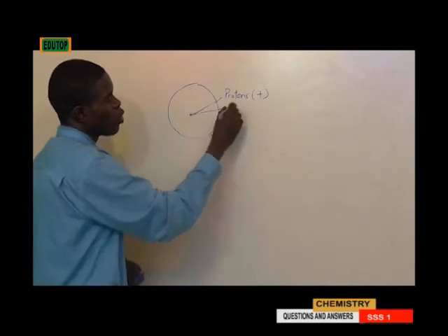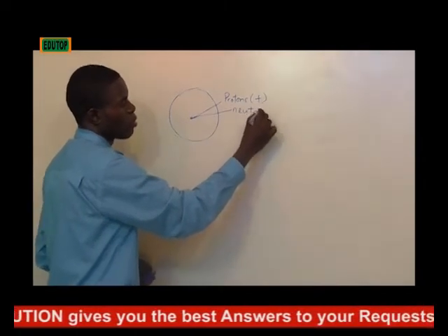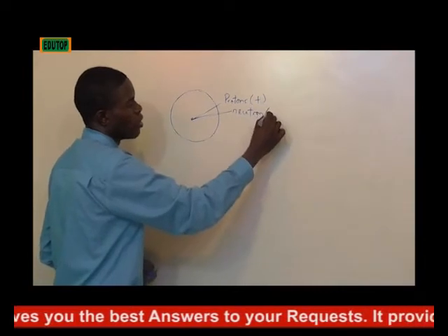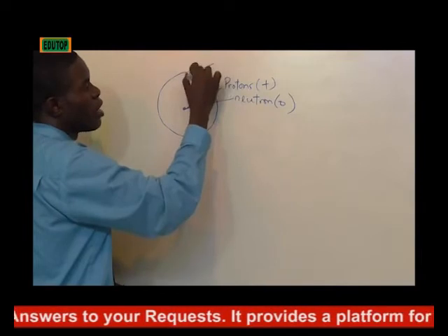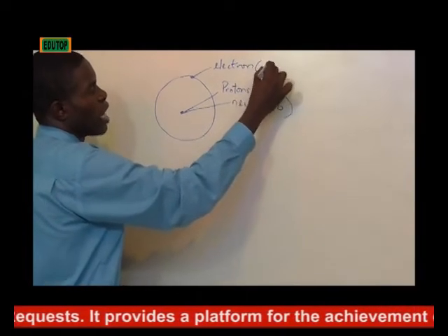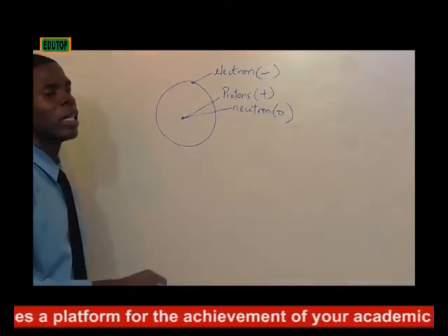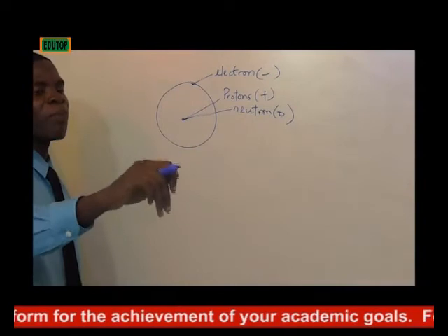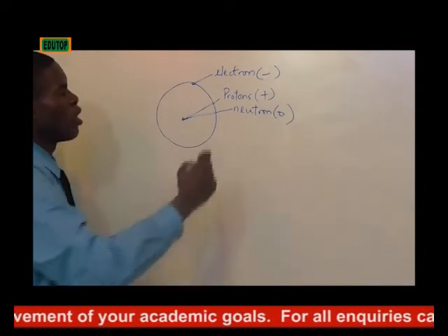Inside the same nucleus, you also have neutrons, which have zero charge. And outside, you have the electrons, which are negatively charged. Based on question 3, the positively charged particles in an atom are what?